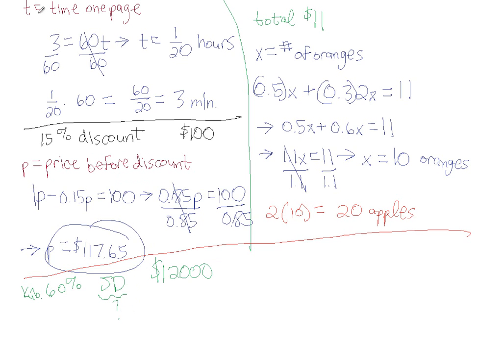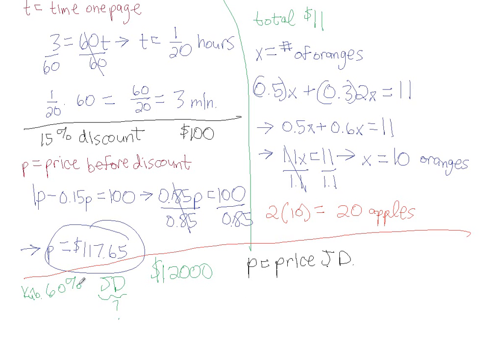Okay, so let's set up our equation. What do we want to solve for? Let's say P equals the price of a John Deere tractor. So we want to know how much a John Deere tractor costs. Well, we have a relation here that says the Kubota is 60% of a John Deere tractor, and we know the price of a Kubota is $12,000.